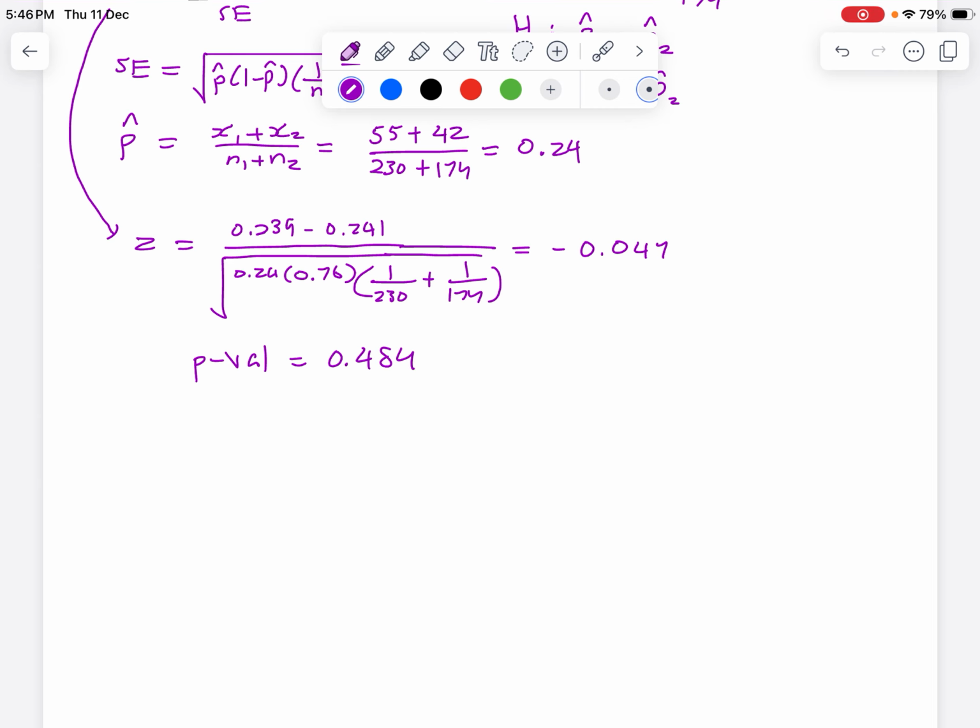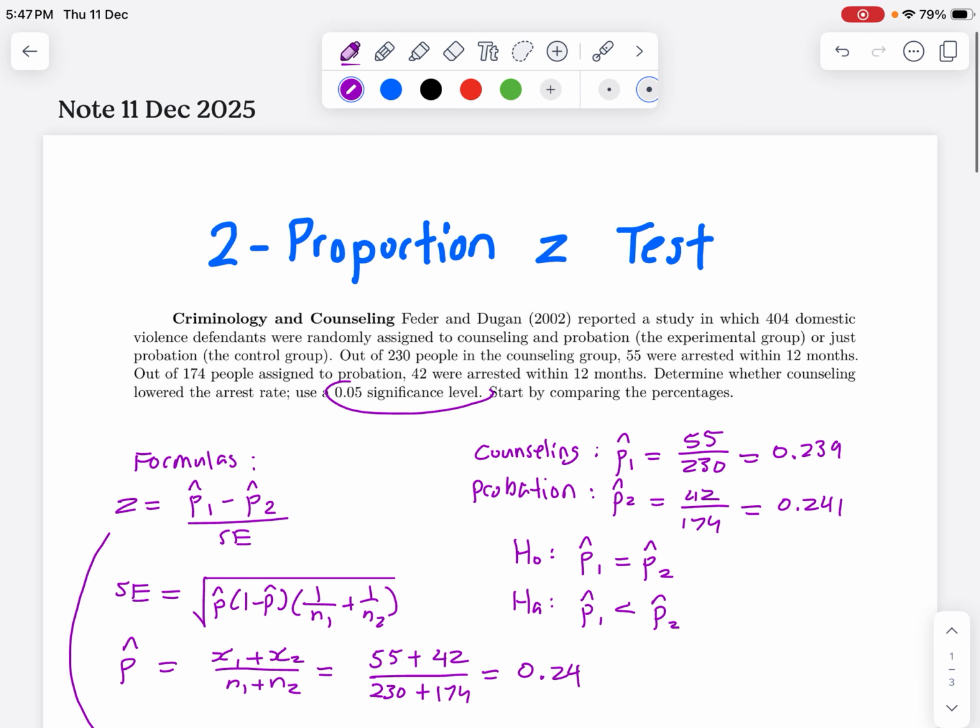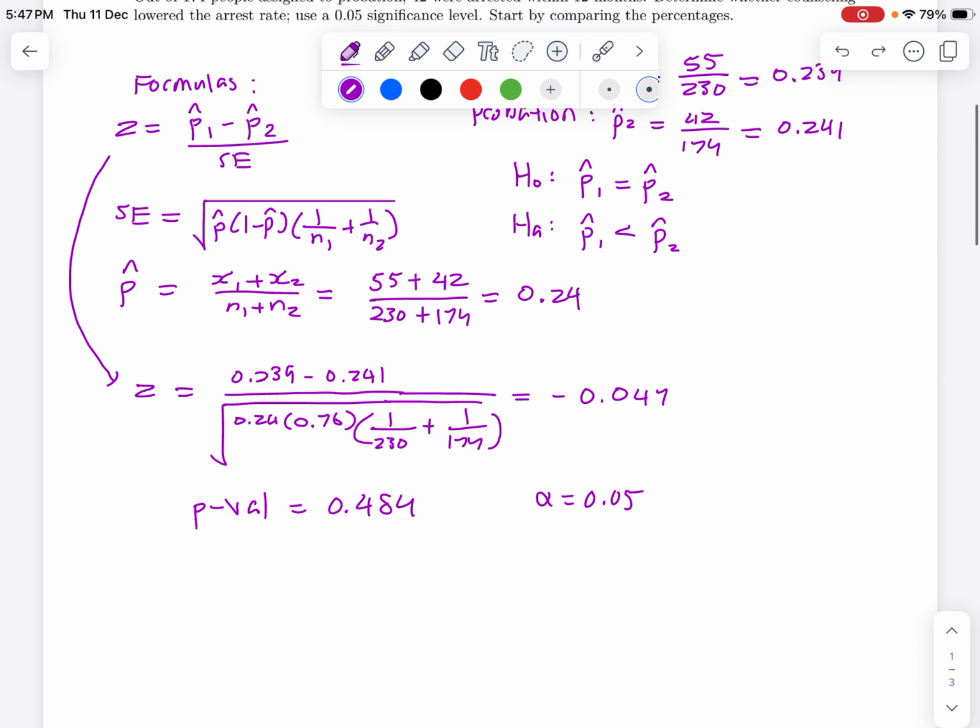We are given that the significance level is 0.05, remember? Now that we have the p-value, we can conclude. Clearly the p-value is greater than the significance level. When it's greater than the significance level, we fail to reject the null.